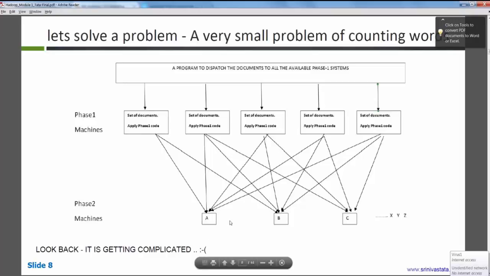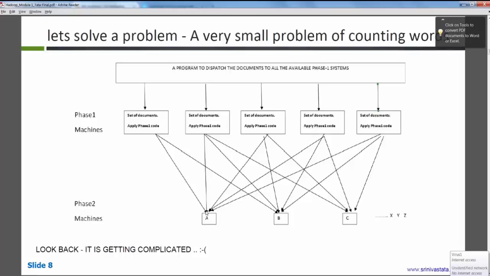This is the phase 2 machine. In the phase 1 machine, there is a set of documents. It applies the phase 1 code here. Whatever output it gets from these documents, it has to keep in phase 1's memory until the time it transfers that to the phase 2 machine. Yes, that's what I was saying.